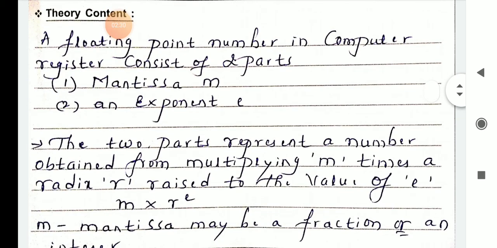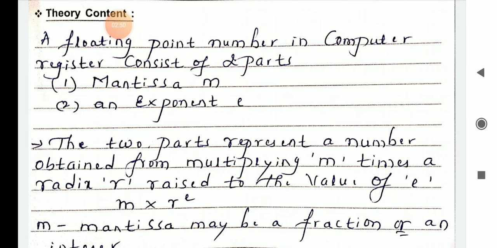The second point in floating point arithmetic: the two parts represent a number obtained from multiplying m times a radix r raised to the value of e.